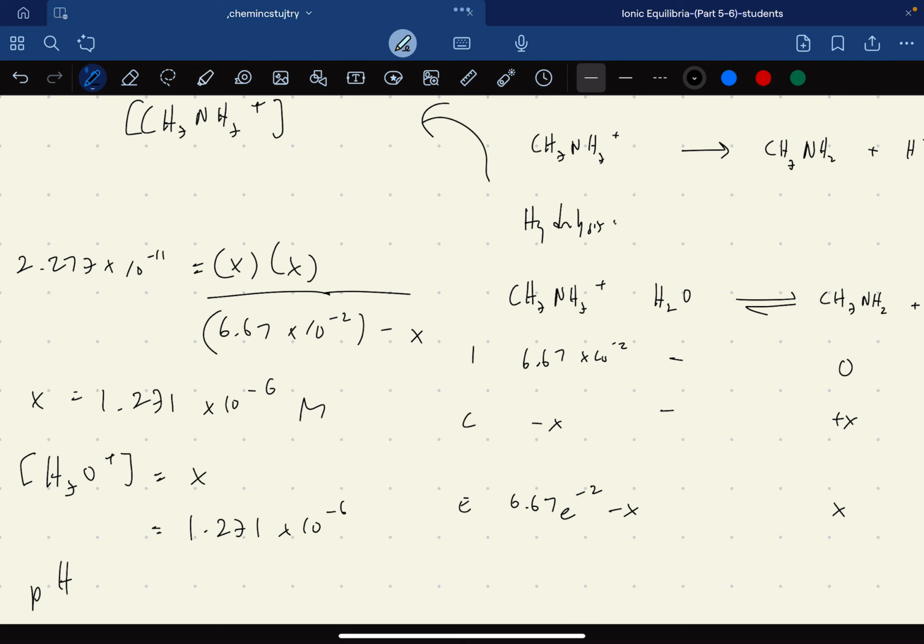Okay, so I think we see the solution, right? So now we have that, and we can just use this formula. Make sure to use round brackets, in case of mistakes. Okay, pH equals negative log of 1.231 times 10 to the power of negative 6.